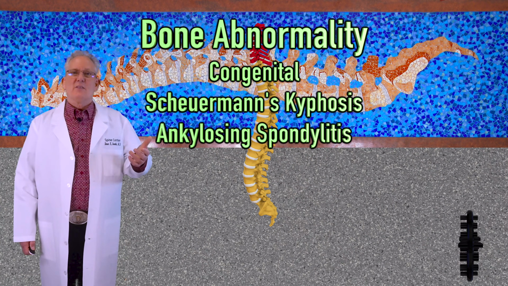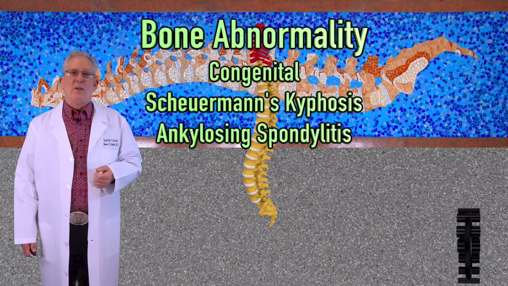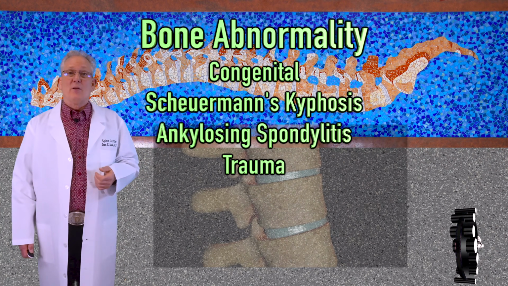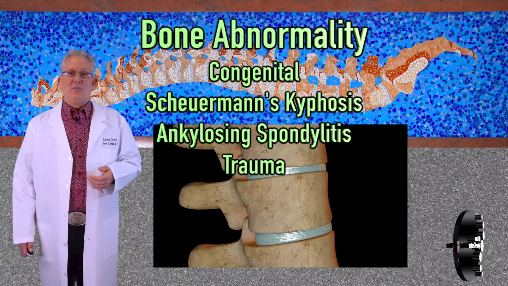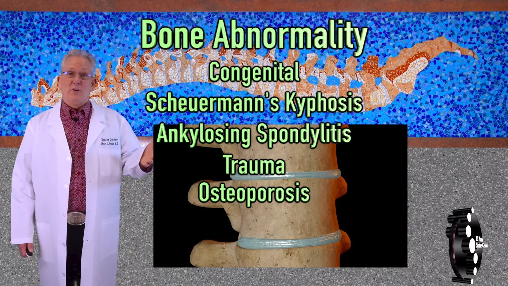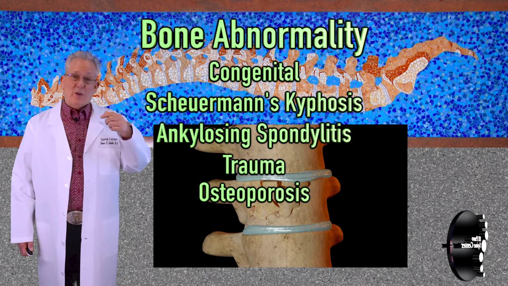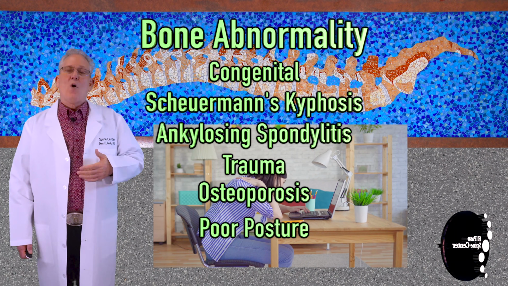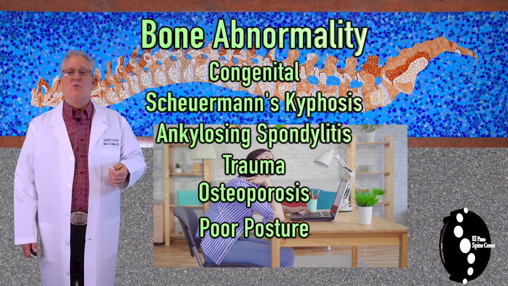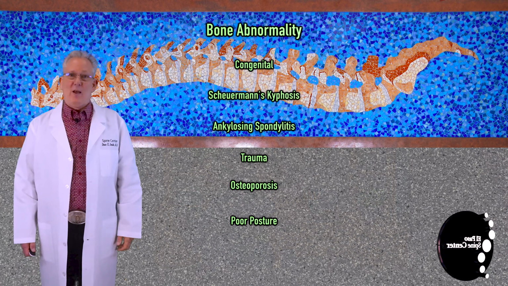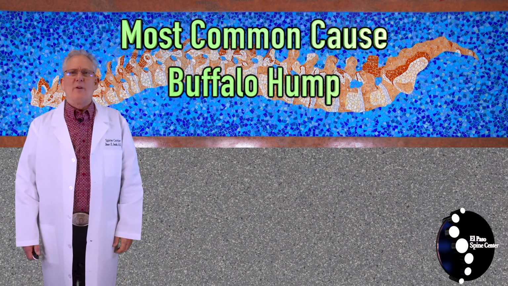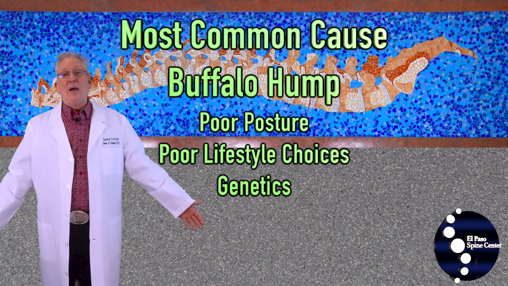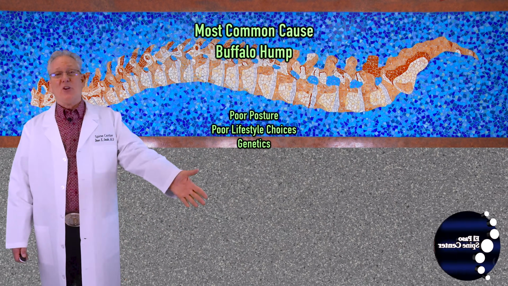Certain diseases and syndromes, such as ankylosing spondylitis, trauma, such as fractures or dislocations of the spine, can produce kyphotic angulations. Osteoporosis, as the bones wedge, can produce a prominence. Poor posture can, over the course of time, produce a fixed bony abnormality. But the most common cause of a buffalo hump is poor posture, poor lifestyle choices, and genetics.